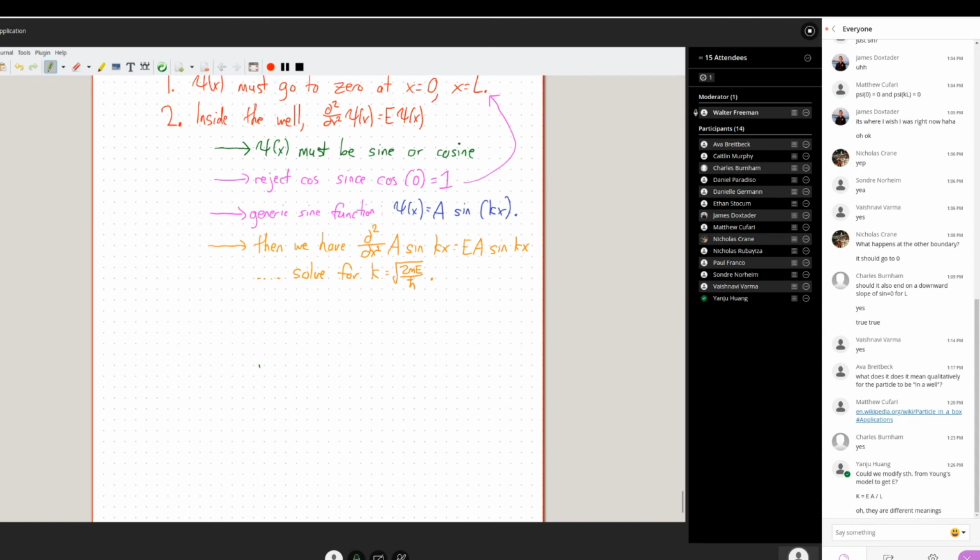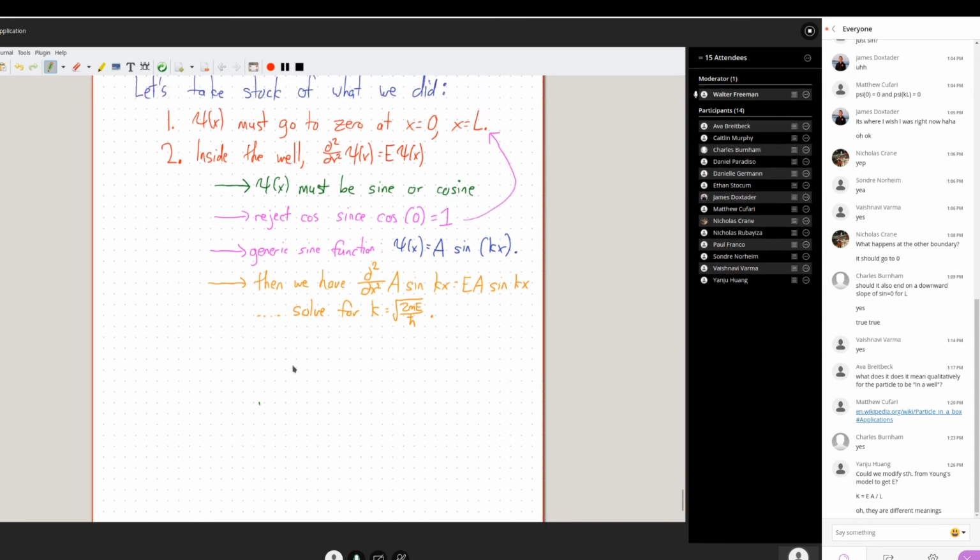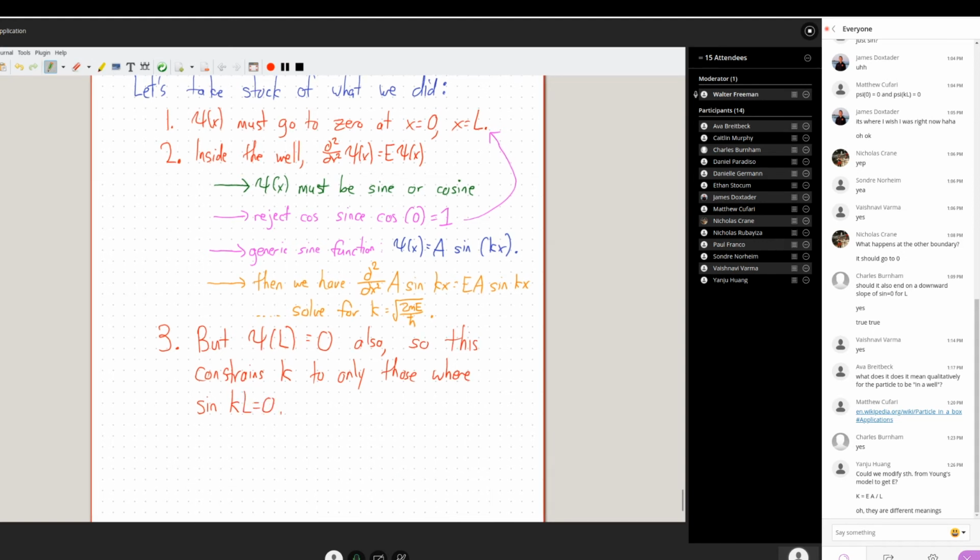So the next thing that we did was we said, all right, but psi of L is 0 also. So this constrains the values of K to only those where sine of KL equals 0.